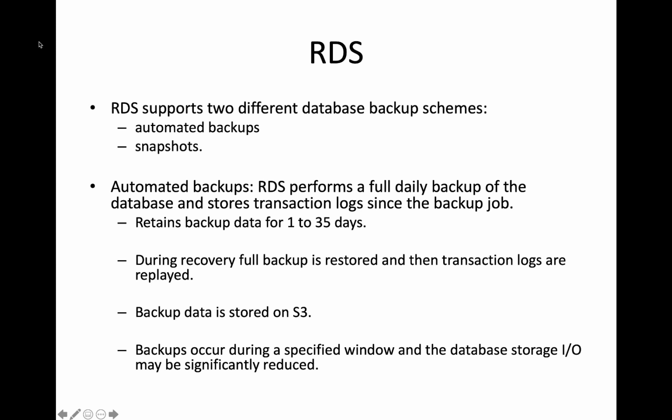There are two different database backup schemes which you can implement. By default, RDS implements an automated backup schedule, so you can automatically back up the data in your databases on a scheduled basis. You can also perform ad hoc snapshots of data.